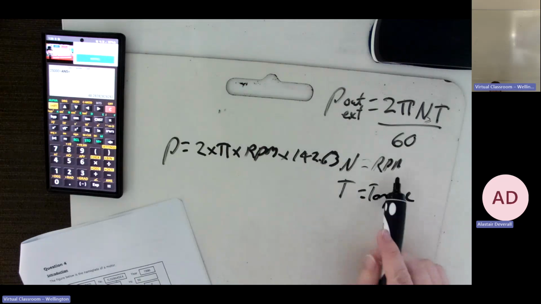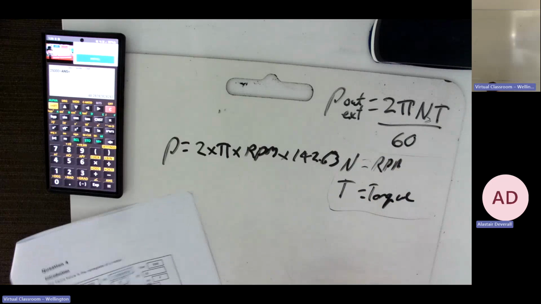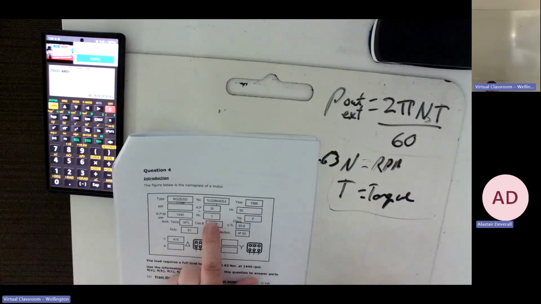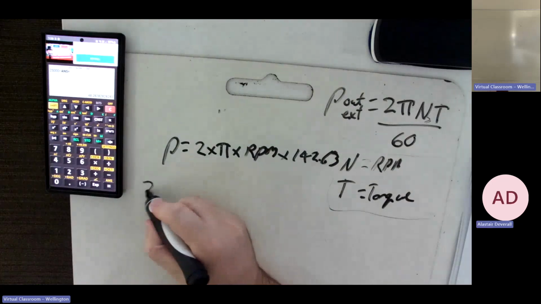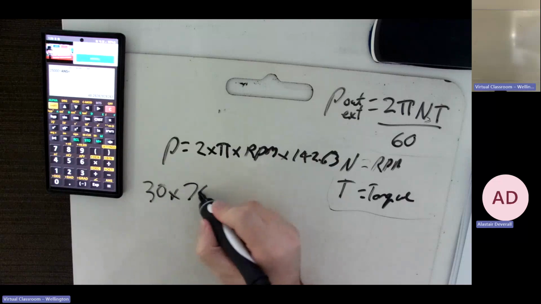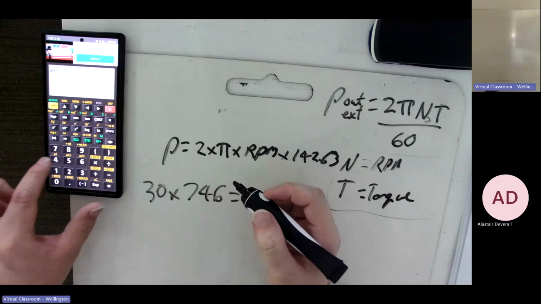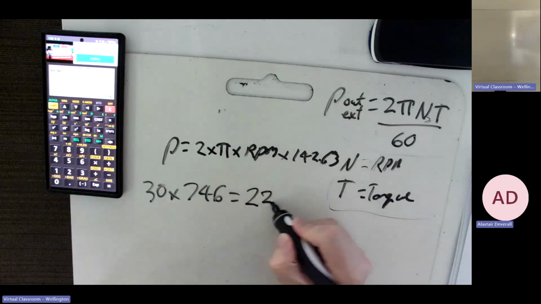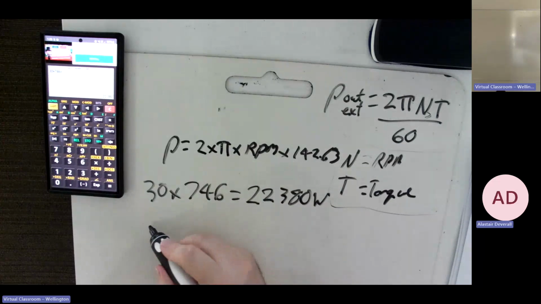We are trying to calculate RPM. That gives us 2 unknown variables. But if we look at our motor nameplate, we can see that we were given 30 horsepower. So 30 times 746 equals 22380 watts.